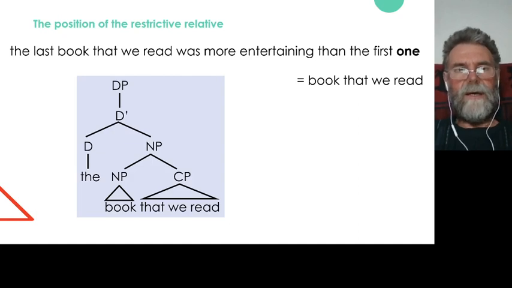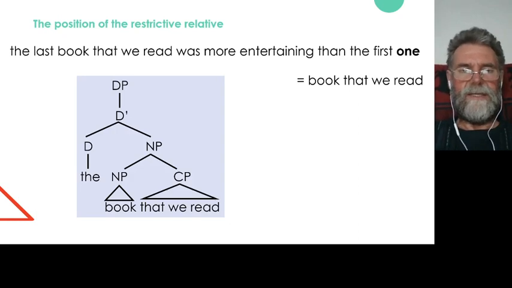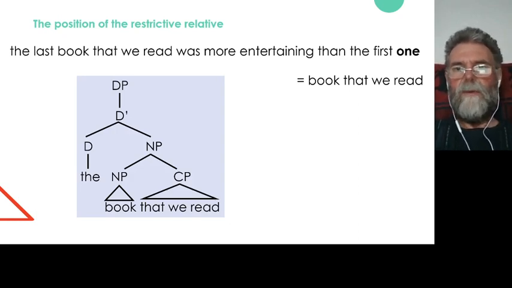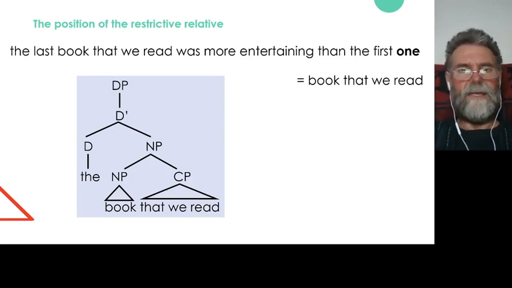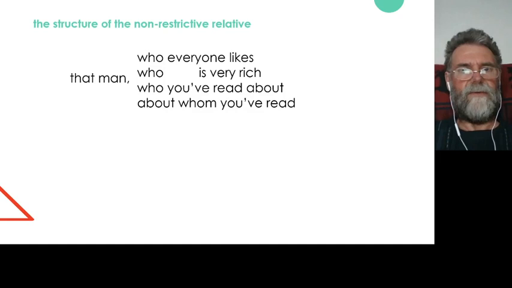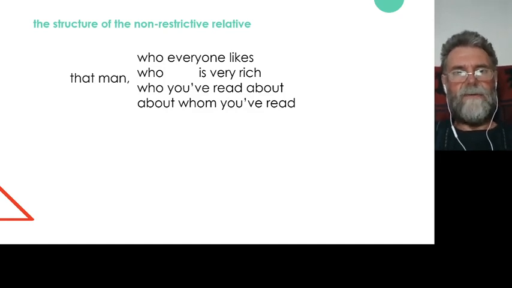Okay, so that's about the external syntax of these things. That is, the positions inside the DPs that we find them in, and we see there's a difference between the two. What about their internal syntax? That is, how they behave within the clause itself. Well, first let's start with the non-restrictive relative clause.